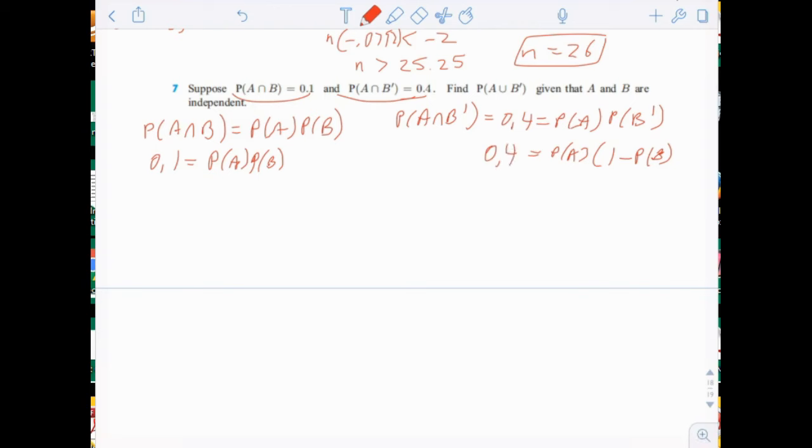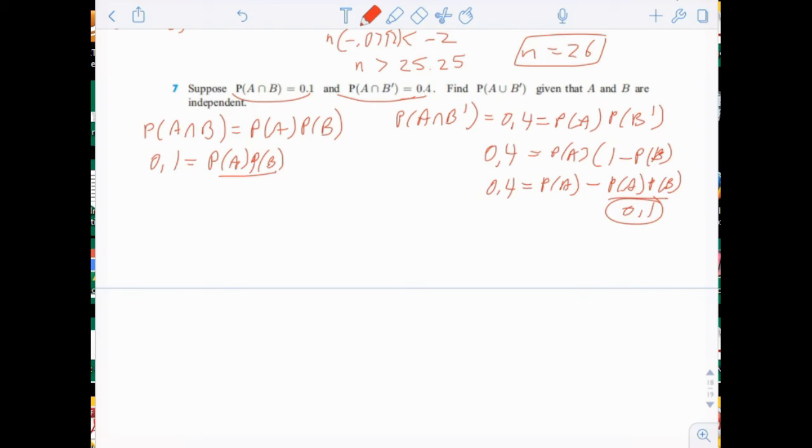Now let's multiply it out. So we have 0.4 equals P(A) minus P(A) times P(B). But we do know P(A) times P(B) is 0.1. So we have this as 0.1.